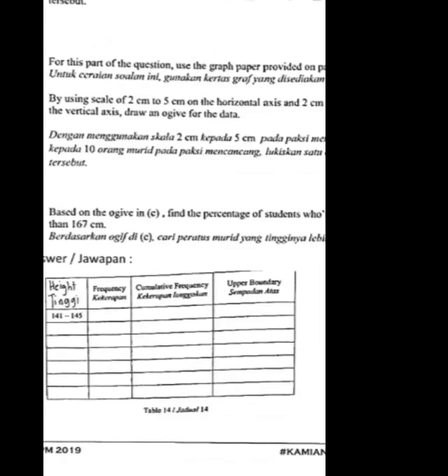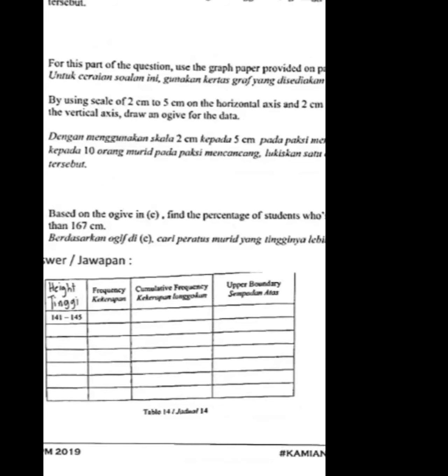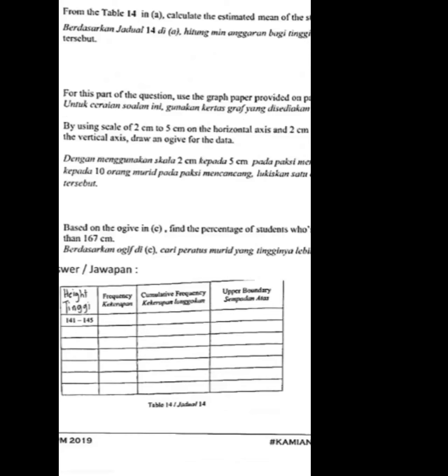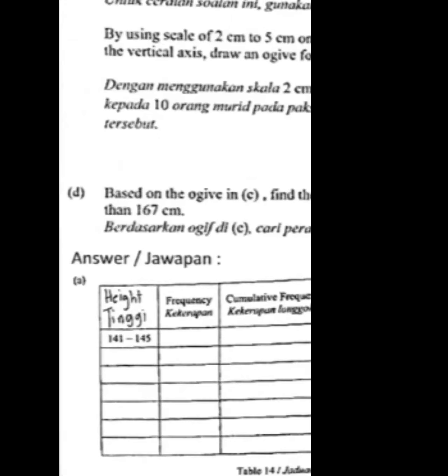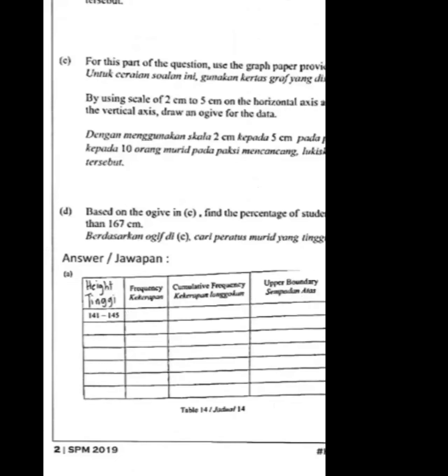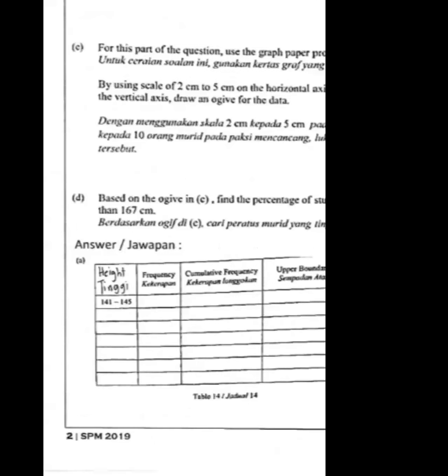Then 145 plus 146, divided by 2, and you can use your calculator too. You find the upper boundary for the first column is 145.5.